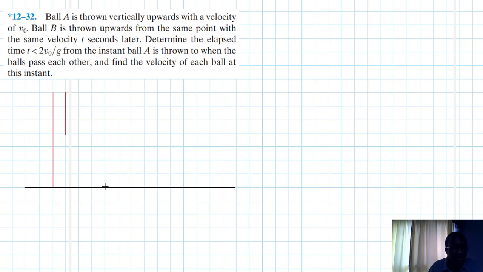Then let's say ball B is thrown also upwards like so, maybe up to somewhere there, then it will come down as well. Let me also finish this line.